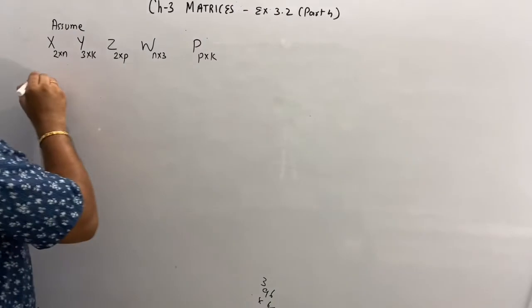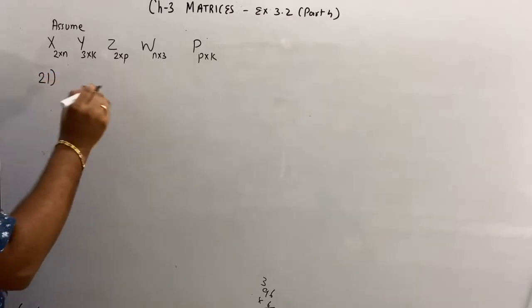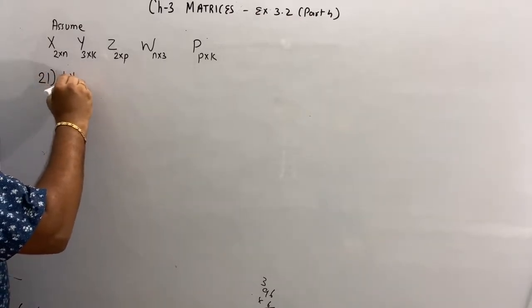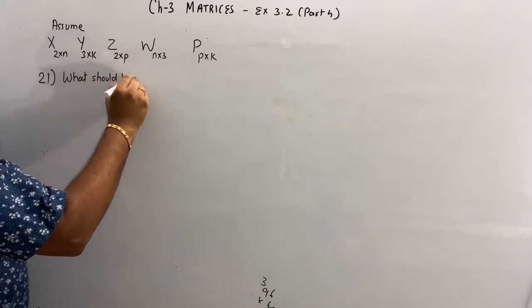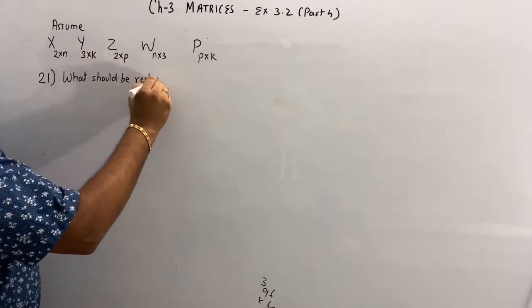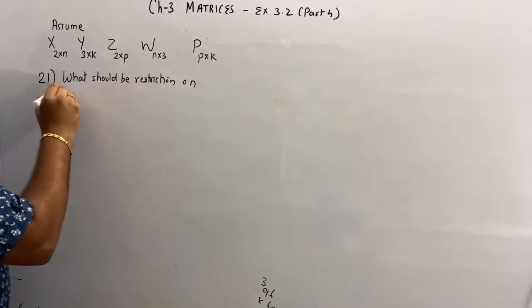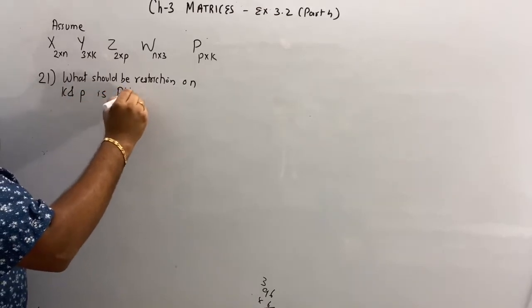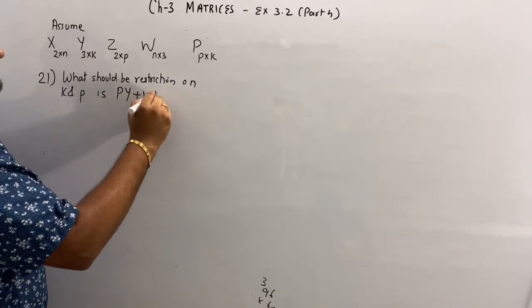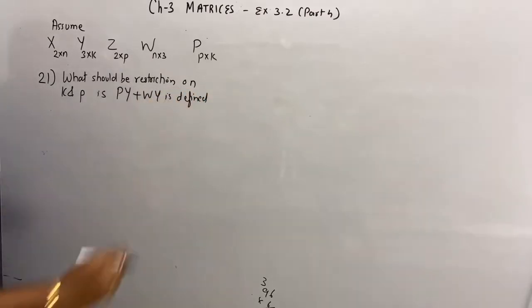So let's see what is question number 21. Question number 21 is what should be restriction on K and P if the matrix PY plus WY is defined.